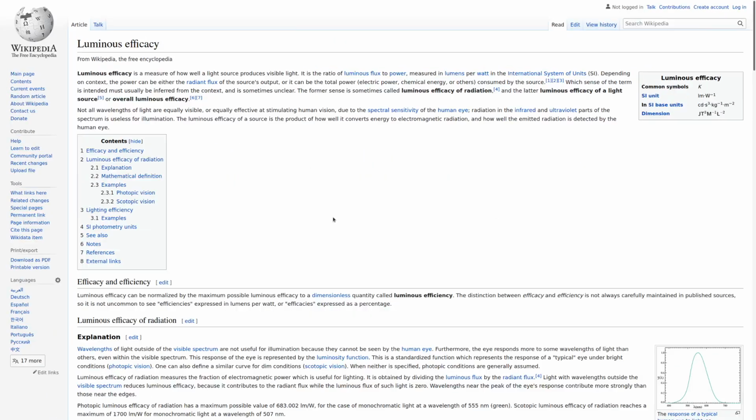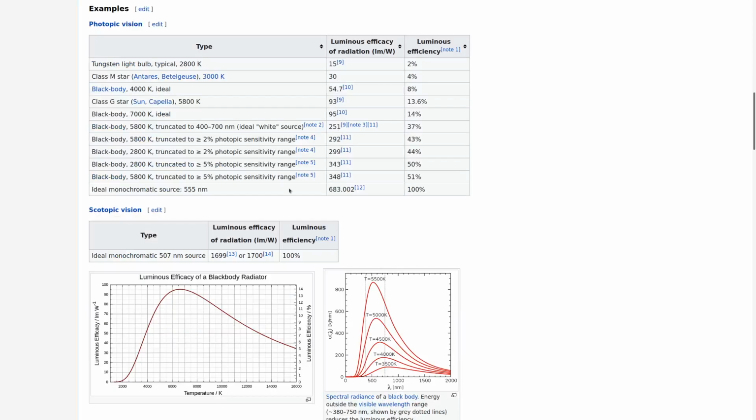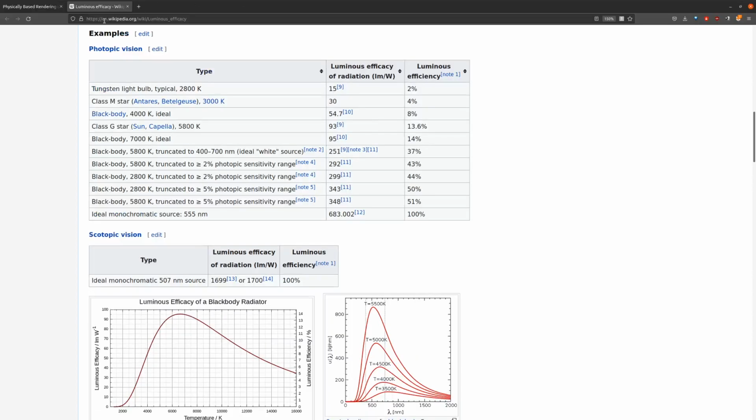Curious to see what kinds of things they have on the Wikipedia page. Got values for stars and things.